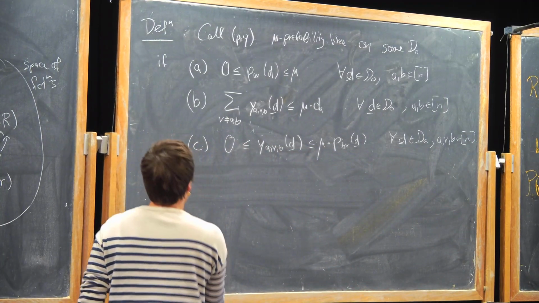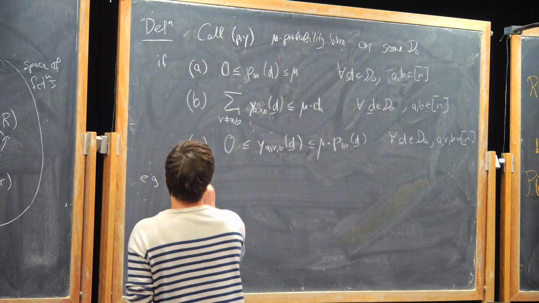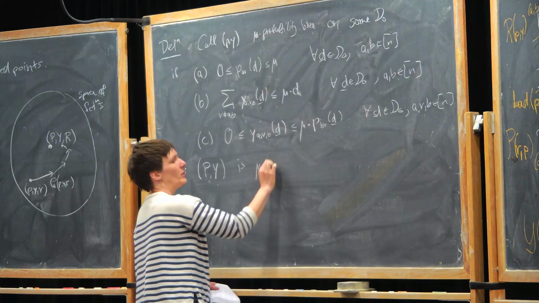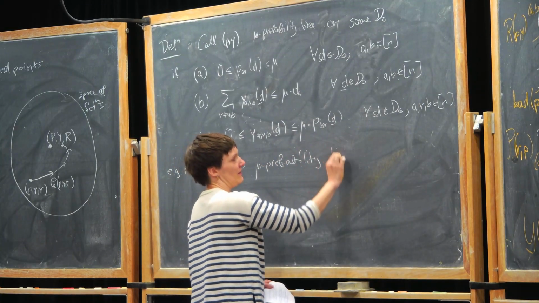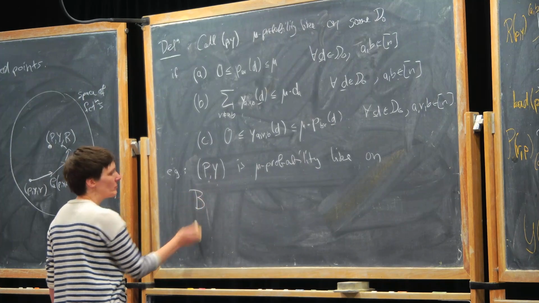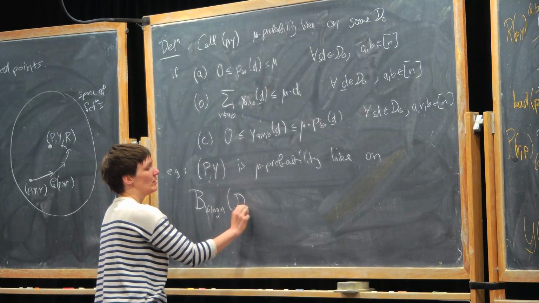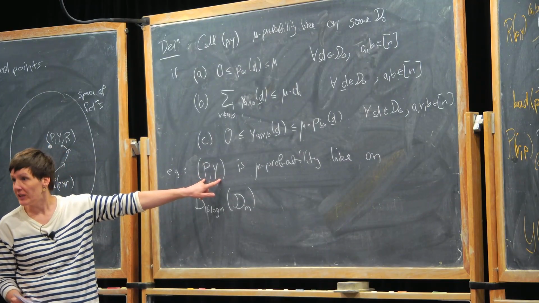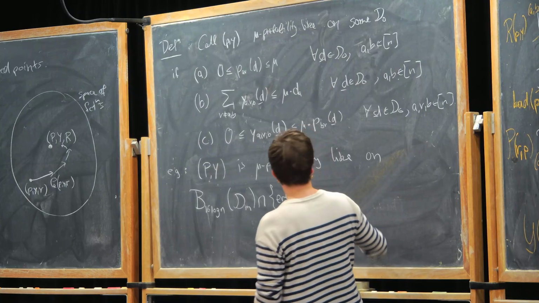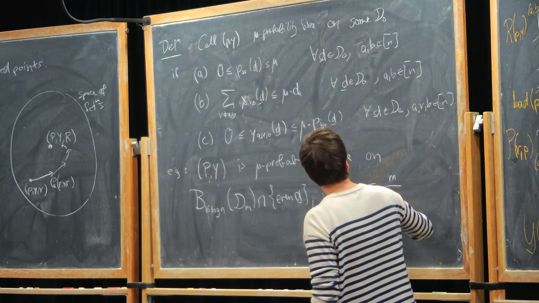So that's what we call probability-like. And then it's not hard to show that if you look at the real probability, P and Y, that pair of functions is mu-probability-like on the ball of, let me write this out in the way we need it, 16 times log n of our D0, and these are really only defined for even D, so let me say here all even D only, where mu is 5 times m over n choose 2.